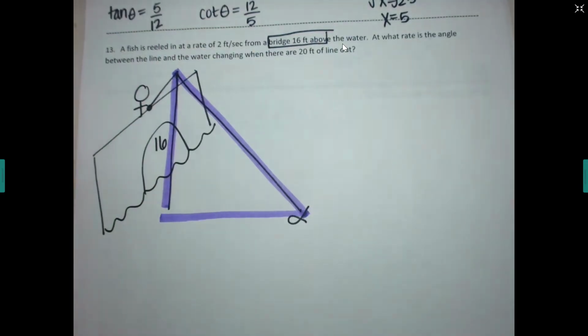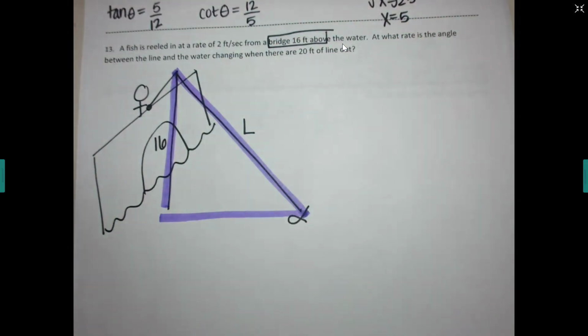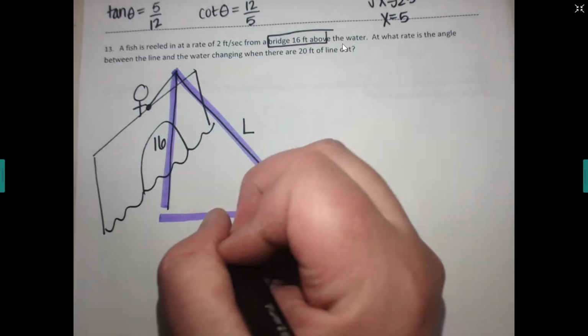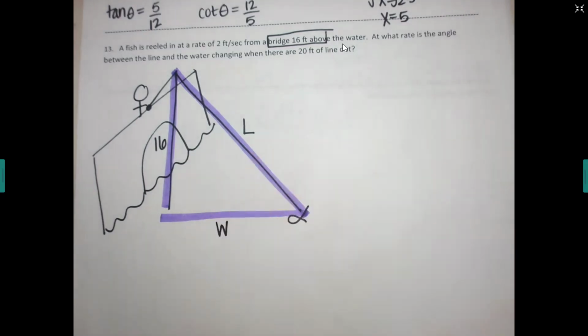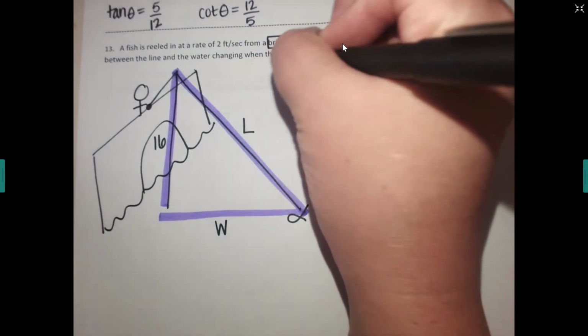So I don't have to pick a letter if it's something that's not changing. Okay, then I have fishing line. So let's call that this side. And then for the other side, I'm just gonna pick an X, or we'll put W maybe, for the distance between fishing line and water. Okay, find given when.